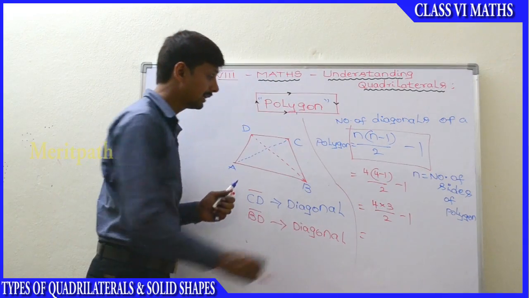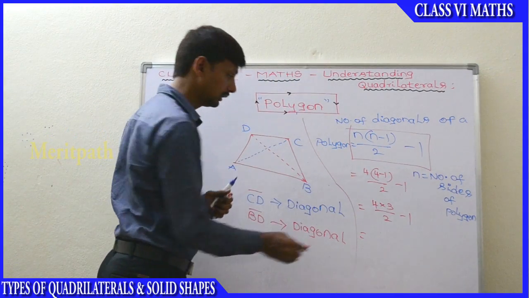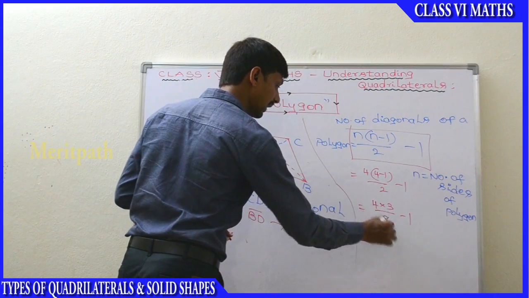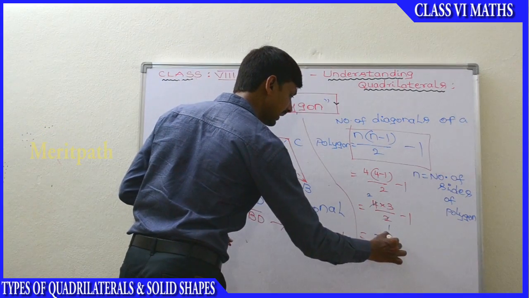So 4 minus 1 is 3. Here first we need to do the cancellation. Cancelling, 4 by 2 gives 2, so 2 into 3 minus 4. That is 6 minus 4, which is 2.